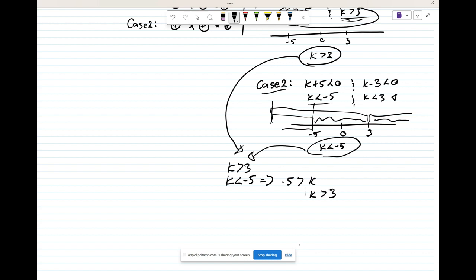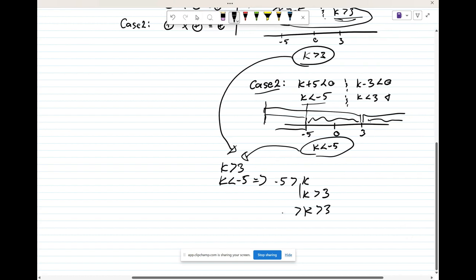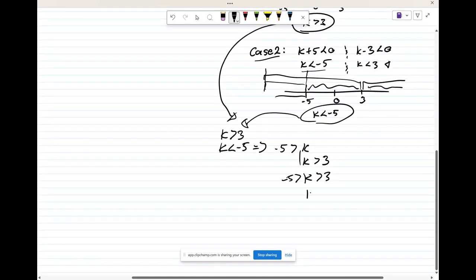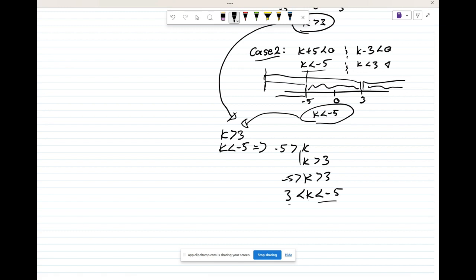If you write them on top of each other like this with the k, it makes it easier, so then you can just smash the k's together. k is greater than 3 and less than -5. And it doesn't matter which way you write it. And that is your final answer.